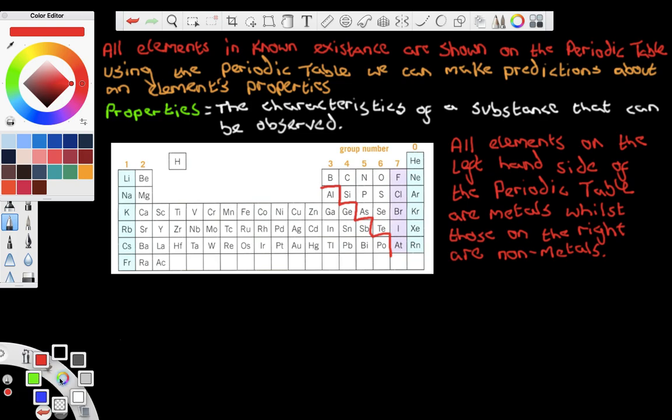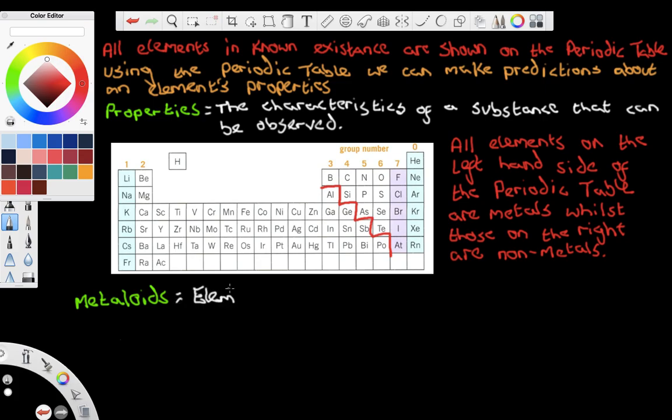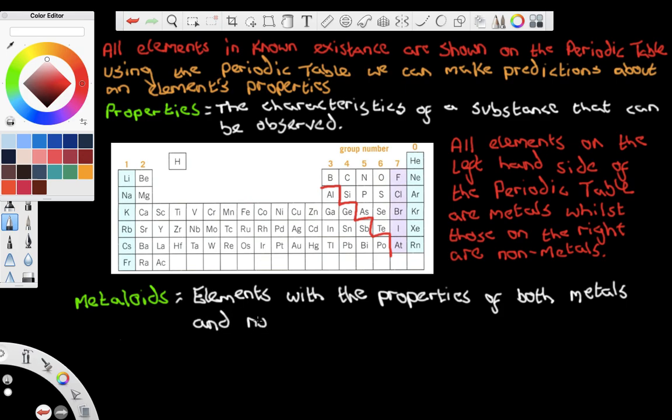However, metalloids, I can't remember if it's one L or two, metalloids are elements with the properties of both metals and non-metals.